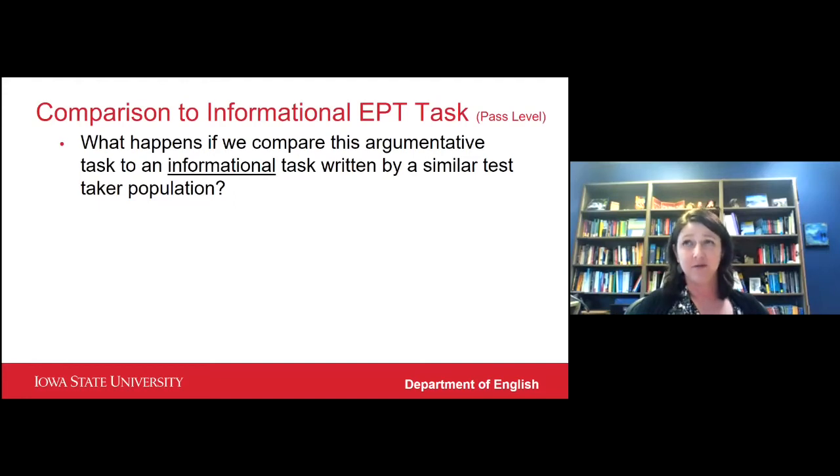But then we say, well, but the test wasn't eliciting the same type of language that we were intending to capture. But what happens if we take that same population of language learners and we compare that argumentative task that they did to an informational task? And what do we get?